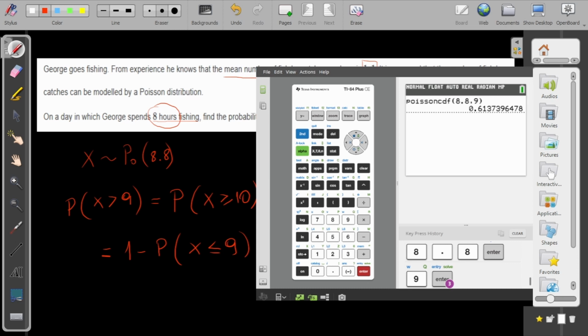So the answer is going to be 1 minus 0.6137 and so on, which is equal to 0.3862 and so on.